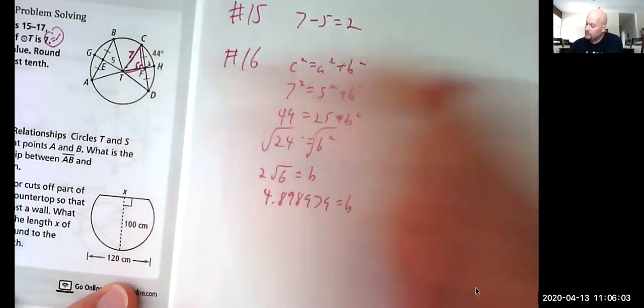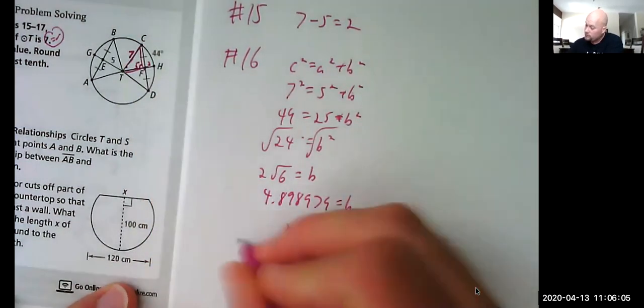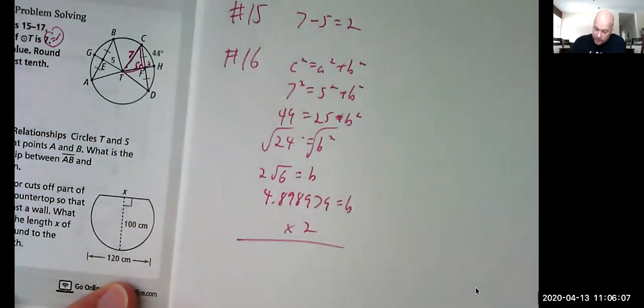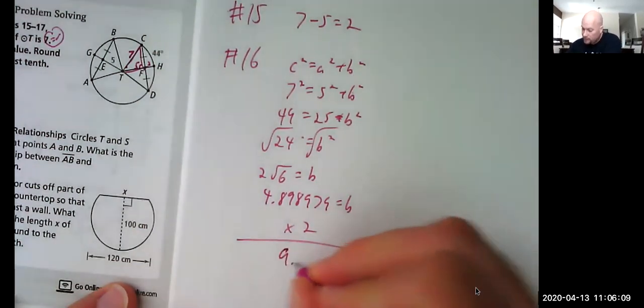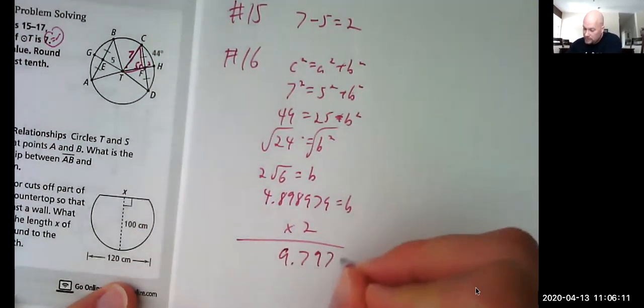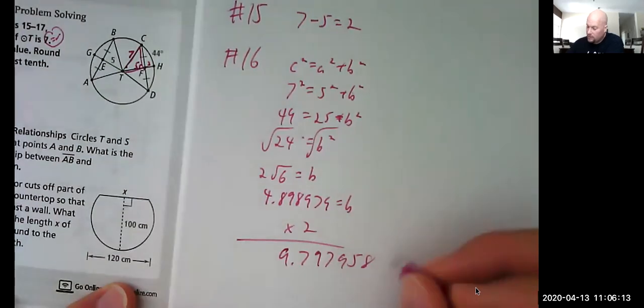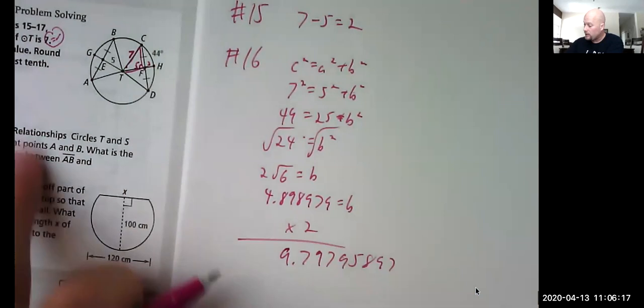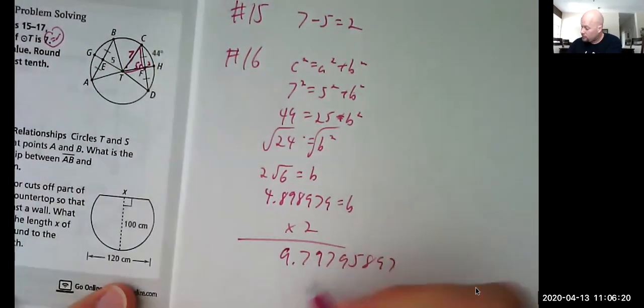We want the entire thing, CD, so we have to multiply this by 2. So double that, and we get 9.797958 and a bunch of other decimals. They want us to round to the nearest tenth, so just one decimal place. So this is 9.8.